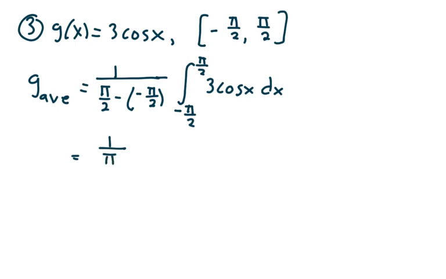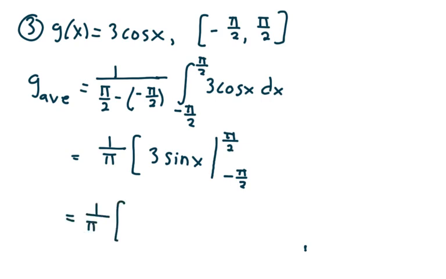So this is 1 over pi times. You're going to get 3 sine x evaluated from negative pi over 2 to pi over 2. So this is 1 over pi times 3 sine pi over 2 minus 3 sine of negative pi over 2.